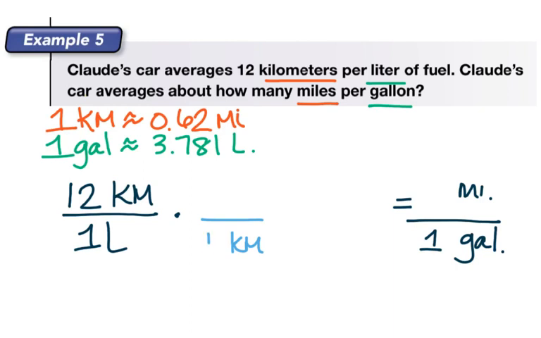So if we want 1 kilometer down here, we're going to put 0.62 miles up here. If we want to cross out our liters, we're going to put our liter up here. They've given us that 1 gallon is about 3.781 liters. So we're going to put 3.781 liters over 1 gallon.